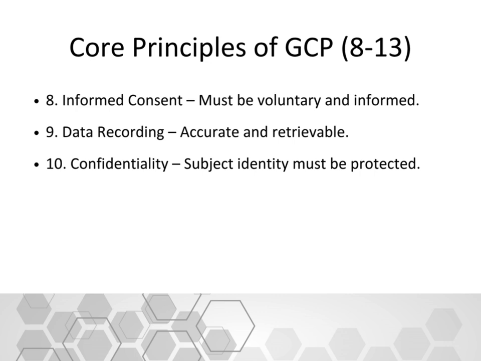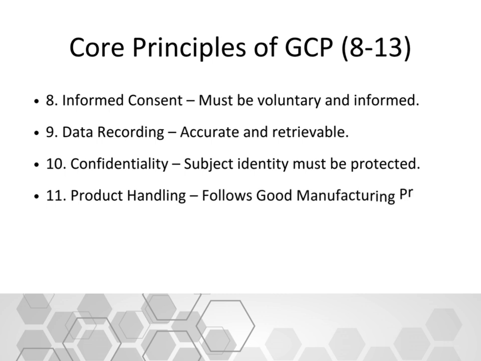11. Investigational products. Handling drugs or devices used in trials must be manufactured, handled, and stored according to good manufacturing practices and used in accordance with the protocol. Accountability is non-negotiable. 12. Quality systems.